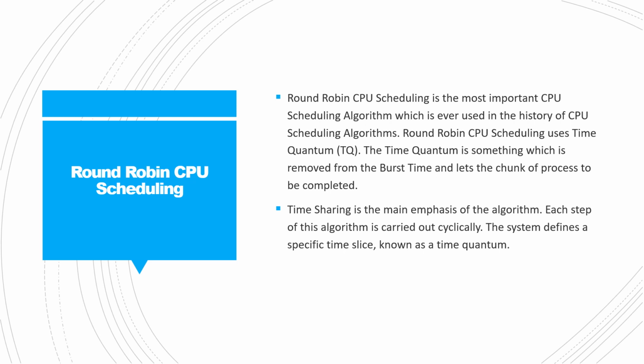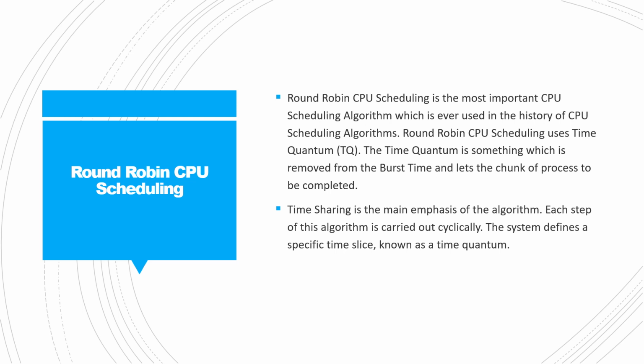And the second one is the round robin algorithm used in preemptive scheduling. Round robin CPU scheduling is the most important CPU scheduling algorithm ever used in the history of CPU scheduling algorithms. Round robin CPU scheduling uses a time quantum.